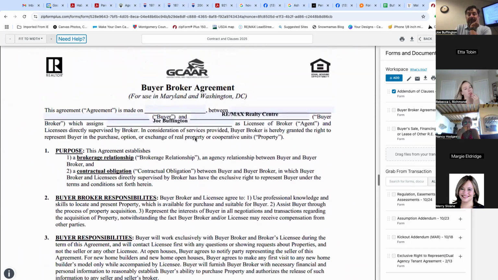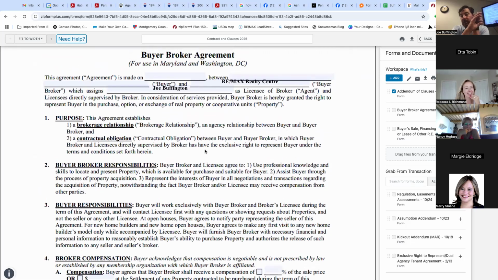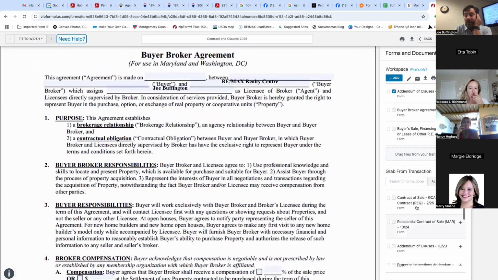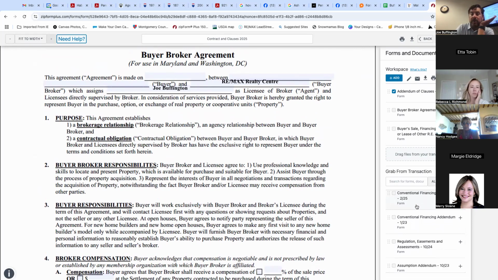And then Becky, I didn't forget. You'd asked, so did you want to talk about tenant agency, or buyer broker agency? Buyer broker. Okay, because there is a tenant agency form. A lot of this has changed since the commission settlement, but the rental stuff has not caught up to speed with it.